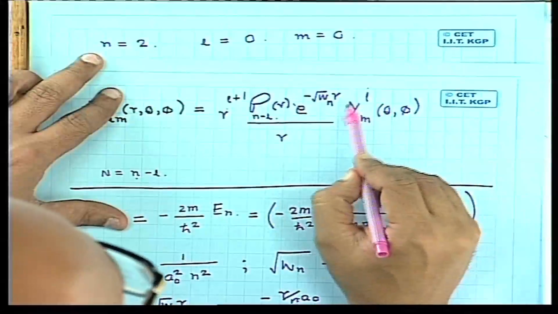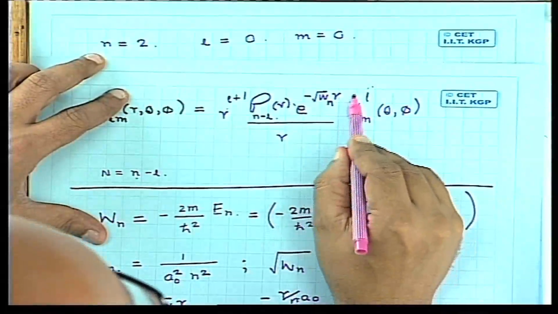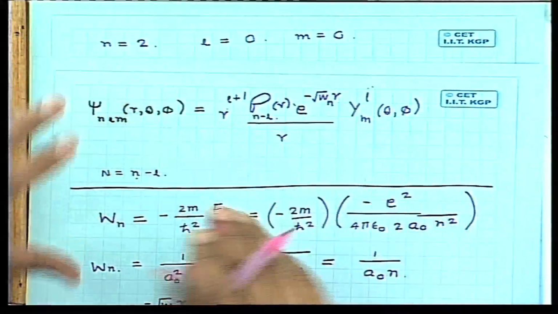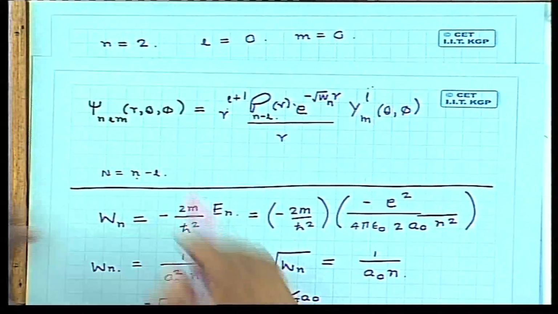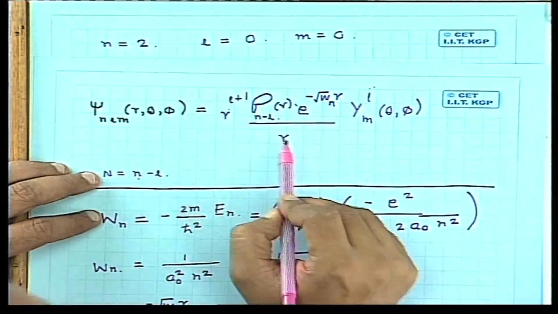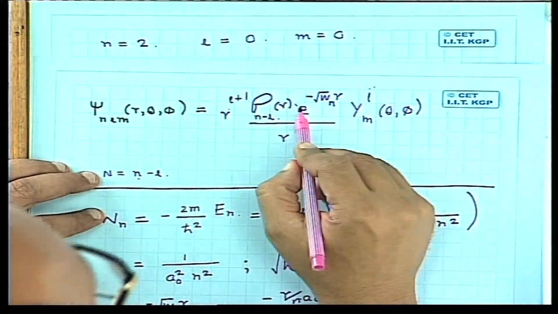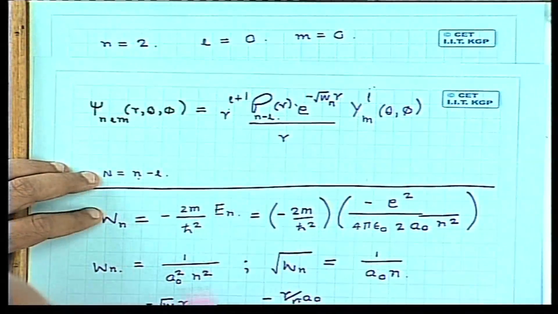So again we have Y 0, 0, which is just a constant. So I shall not bother with this. It is again spherically symmetric, doesn't depend on theta and phi. L is equal to 0. So this is r to the power of 1, which cancels out with the r to the power of 1 over here. The exponential is now e to the power minus r by 2a naught.